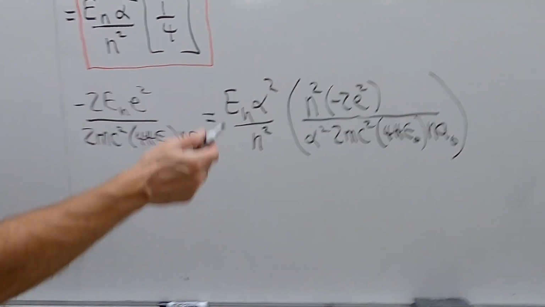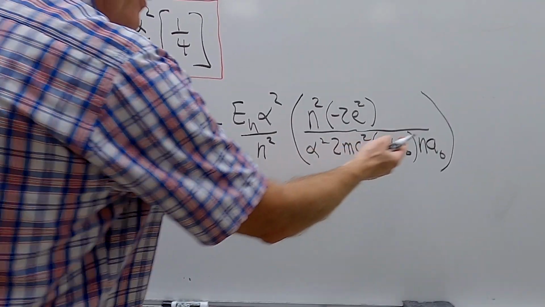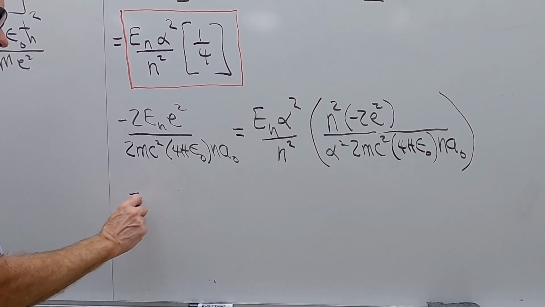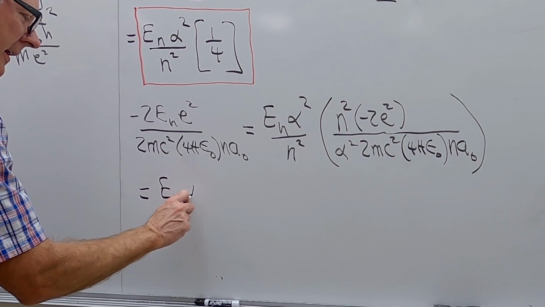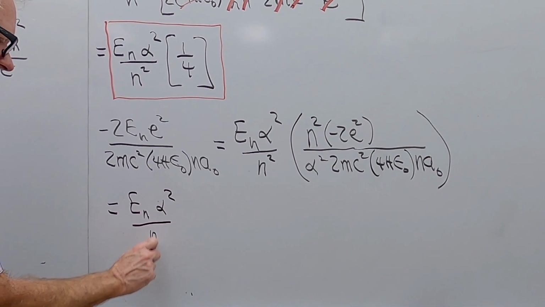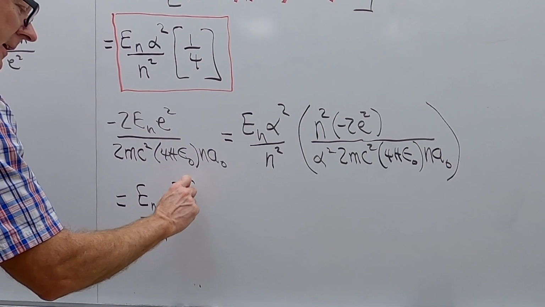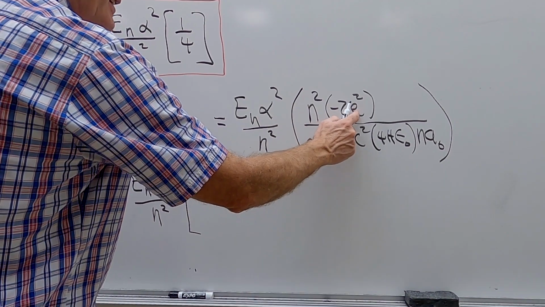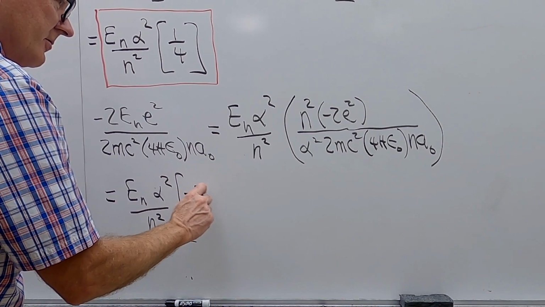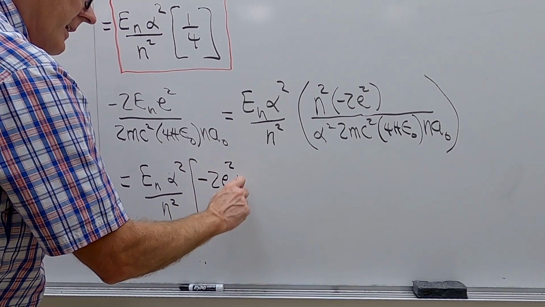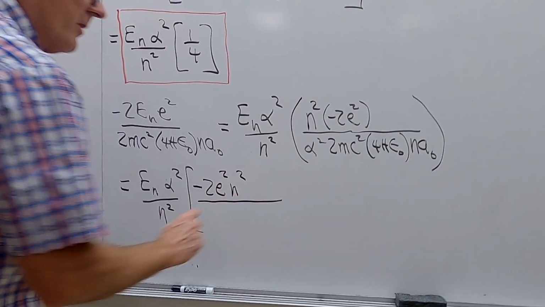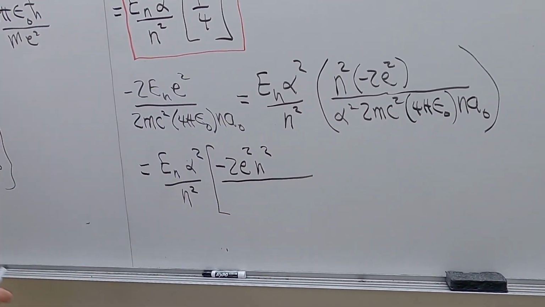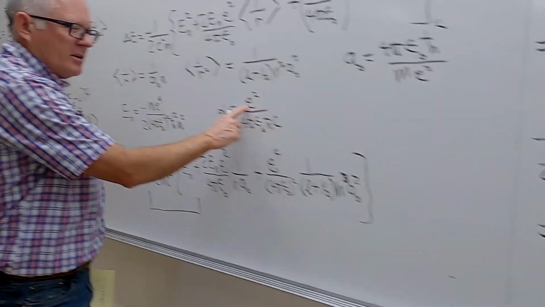Okay, now I just have to simplify that. I better plug in what alpha and what a naught is, and so things will hopefully cancel. So this is e sub n alpha squared over n squared. Okay, and then we're left with minus 2e squared n squared all over, if I put the alpha squared in there, that's going to be down in the bottom.